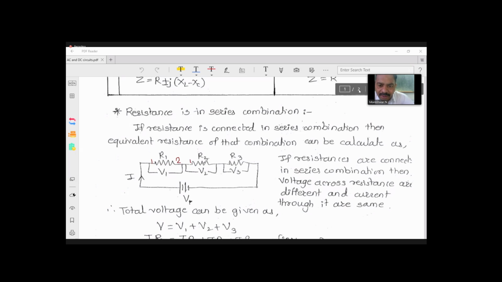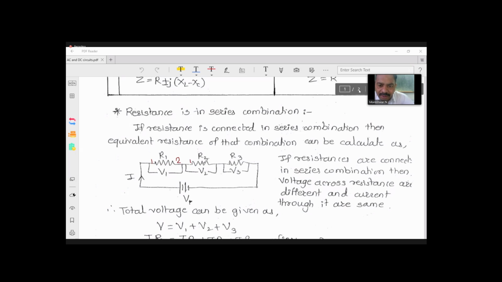Suppose I connect terminal number two of resistor number one to terminal number one of resistor number two, then this kind of connection is called a series combination. Or if we connect multiple resistances in series, likewise R3 and R4, if you connect multiple resistors in this form, that is called a series combination.